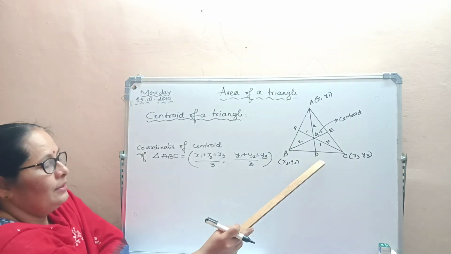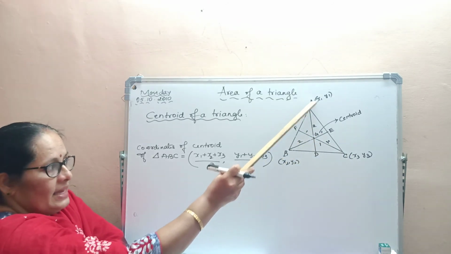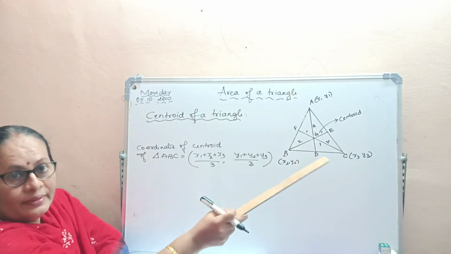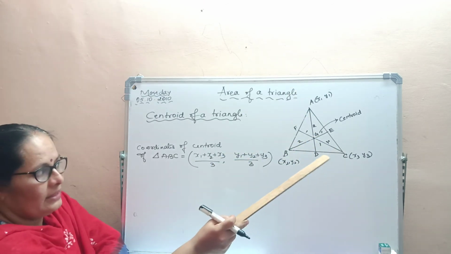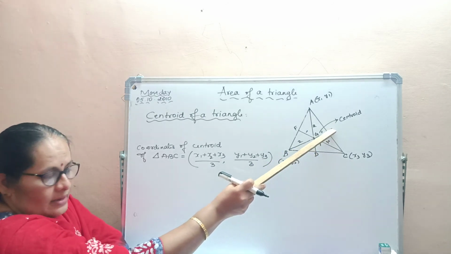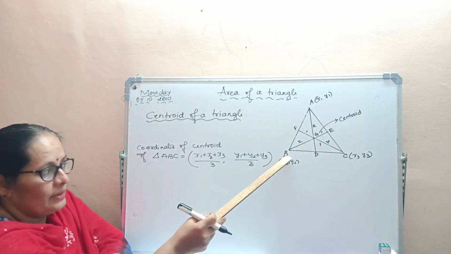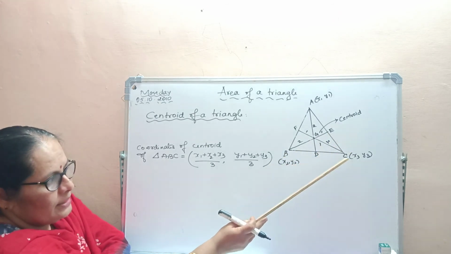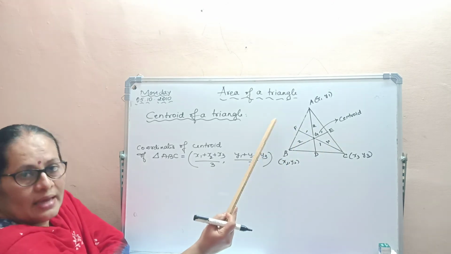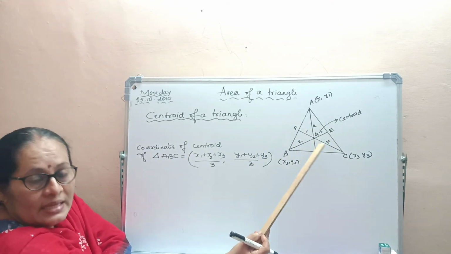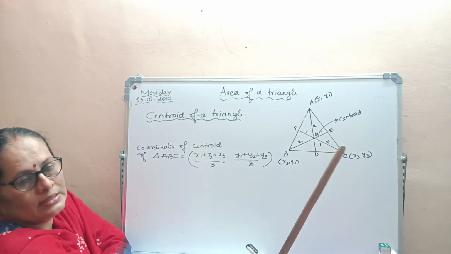Then using coordinates A and D, use distance formula and find length of the median. Again, using coordinates B and E, you can find median BE, and using coordinates C and F, we can find the length of the median CF using distance formula.